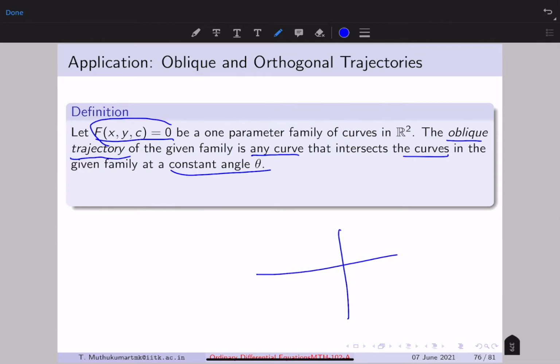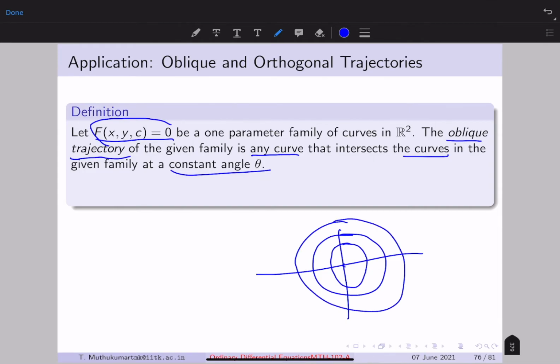For instance, let's take R2. Let me take a simple example: the family of circles centered at the origin, of whatever radius. So it's a one parameter family of curves which are indexed by the radius. Now suppose I want to look at the family of curves which intersect this at, say, 90 degrees.